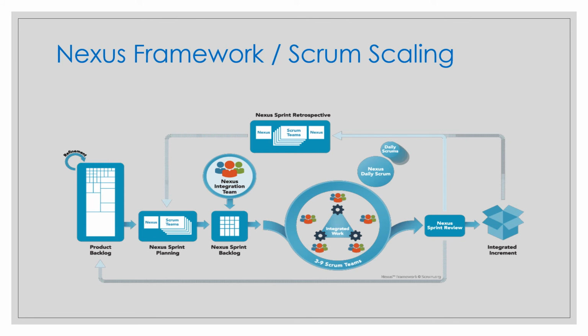You have one product backlog, one product owner, and multiple teams, each with their separate sprint planning, daily scrum, sprint review, sprint backlog, and sprint retrospective, and their scrum masters will be meeting often to discuss.